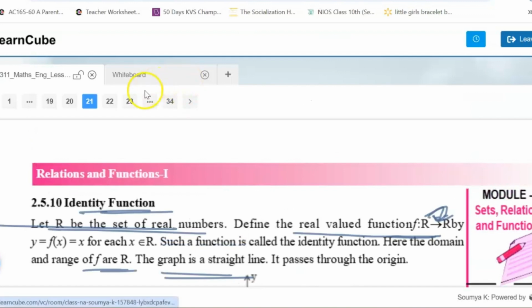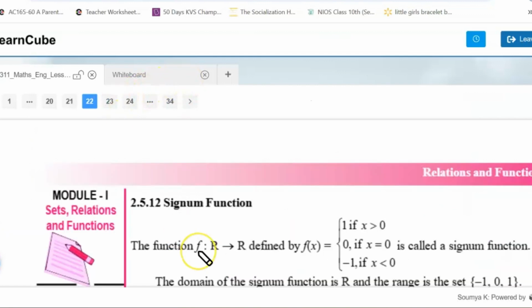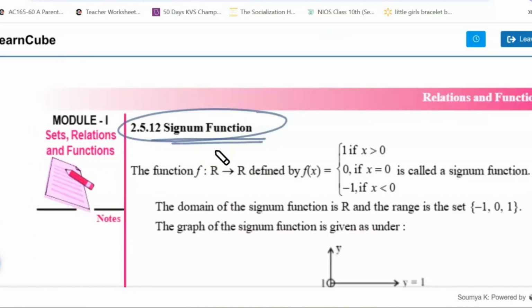Let's go to the next function, that is signum function. Signum function is the last function that we are going to see. Function is defined from the real number to real number, where you will be having 1 if x value is greater than 0, 0 if x is 0, minus 1 if x is less than 0.